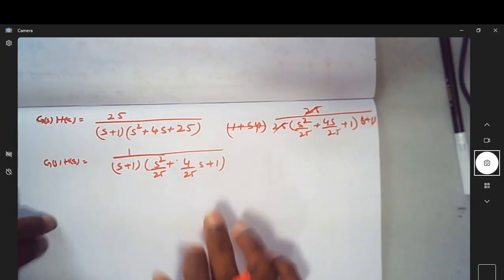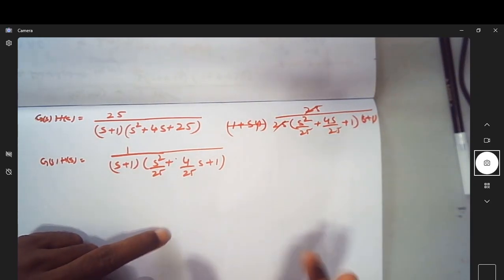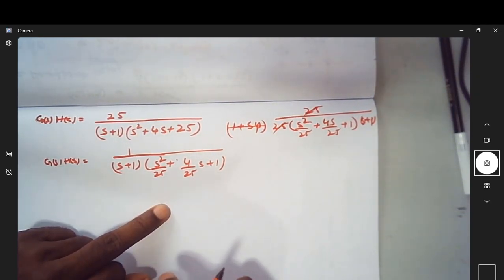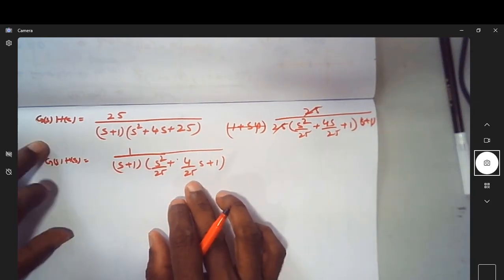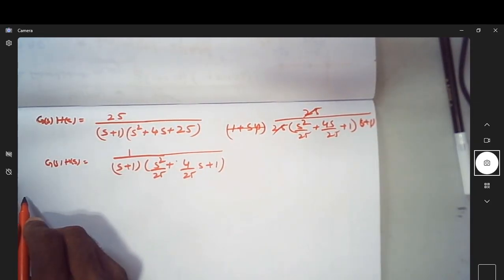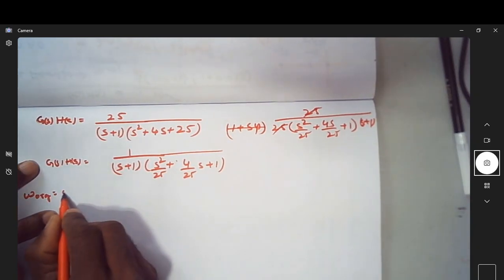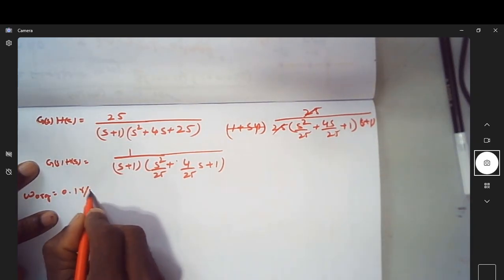So for this we have to plot the Bode plot. Of course, first and foremost, we have to find the magnitude at origin. Let us assume the origin frequency as 0.1 radian per second.